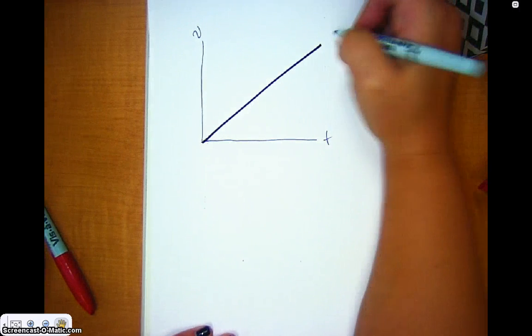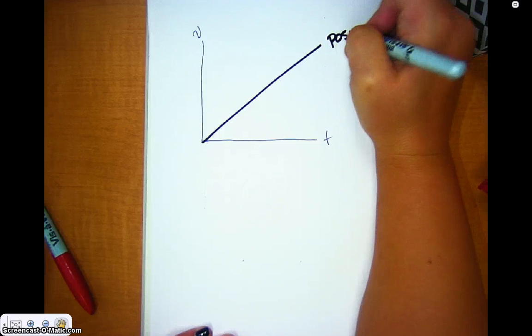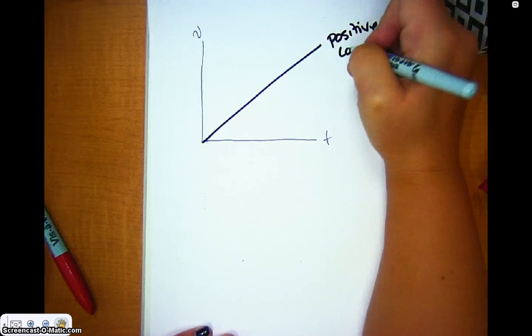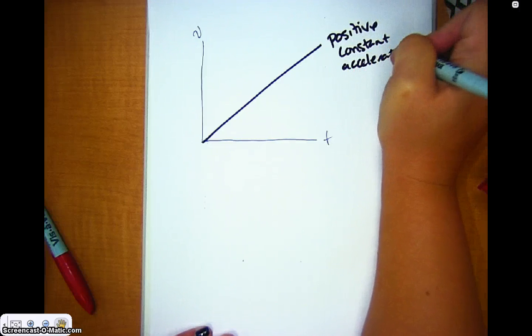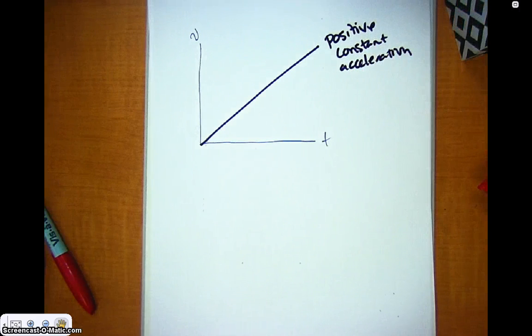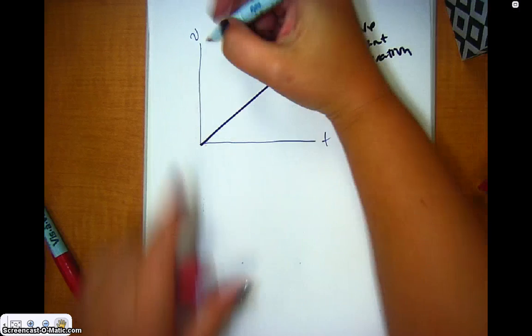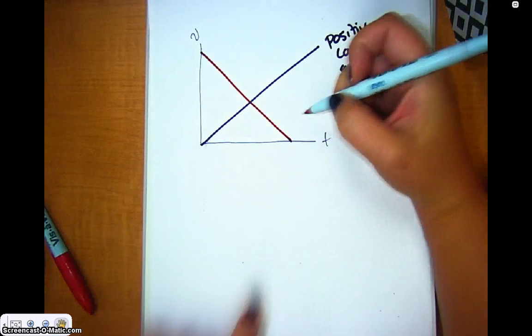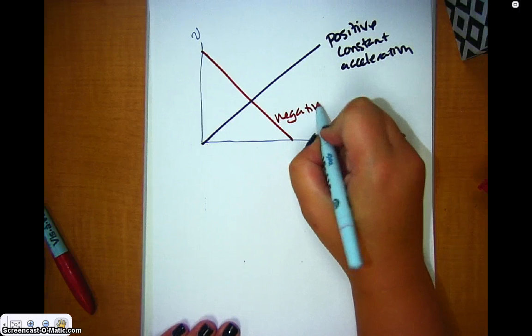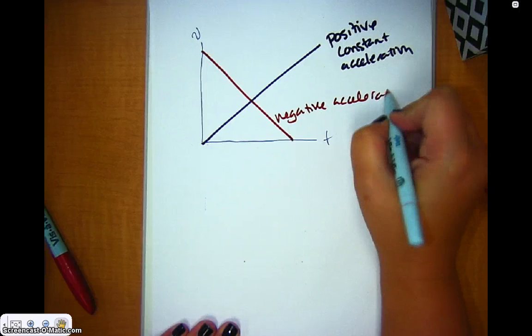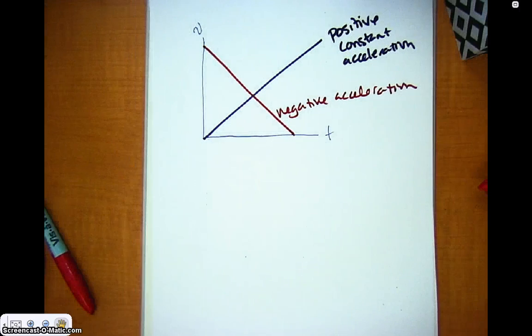So this is a positive constant acceleration. And if we wanted to go the other way, this would be a negative acceleration.